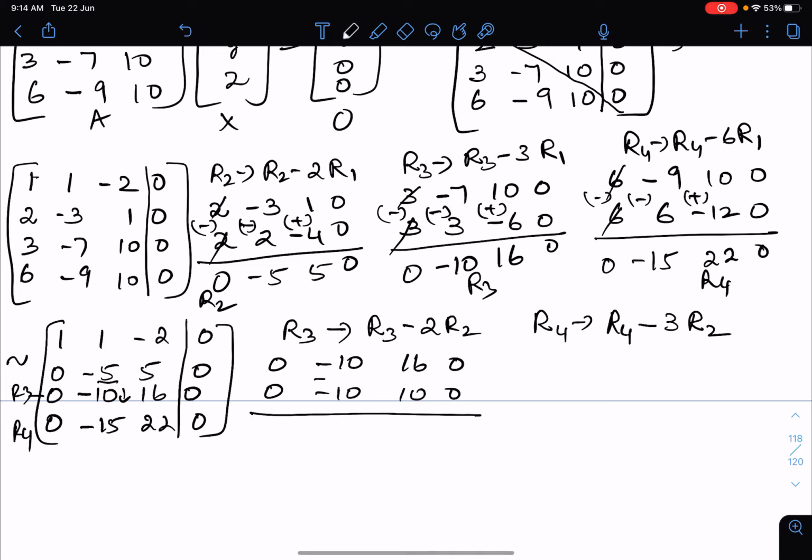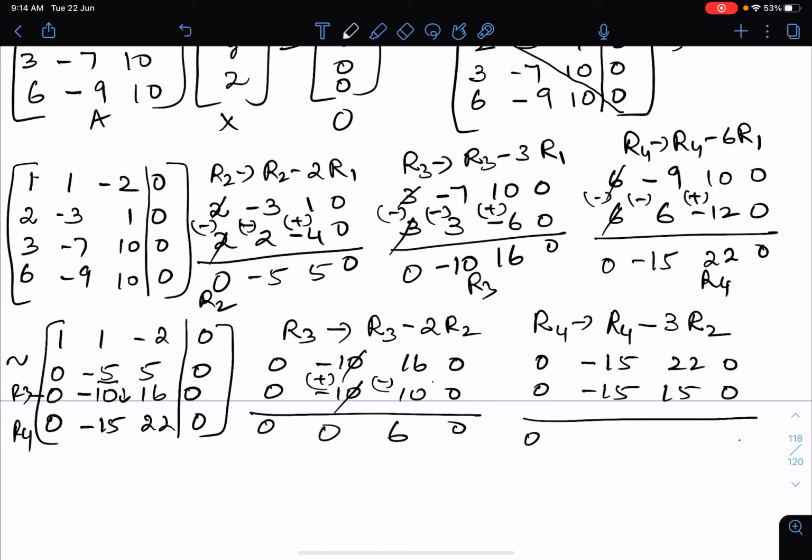Change your sign, this becomes 0 and 0, equal and opposite, 0. 16 minus 10 is 6. And what about R4? 0, minus 15, 22 and 0. 3 into R2: 0, minus 15, plus 15 and 0. So these two become 0. Change your sign, so equal and opposite, 0. 22 minus 15, isn't it? So you will get 7.